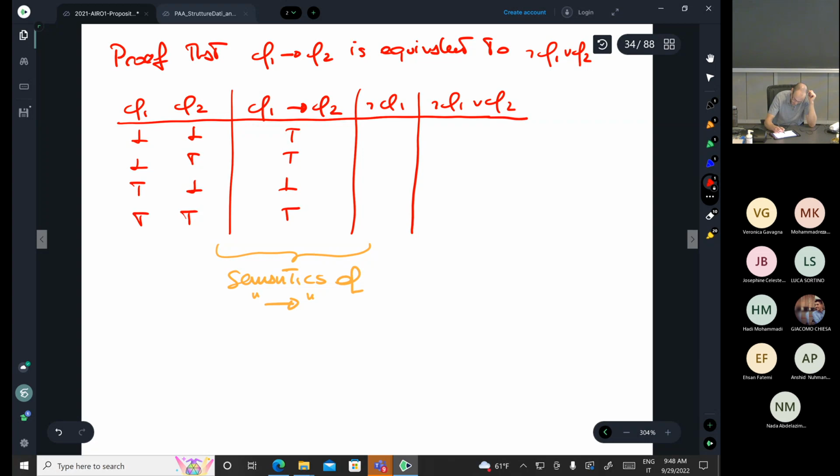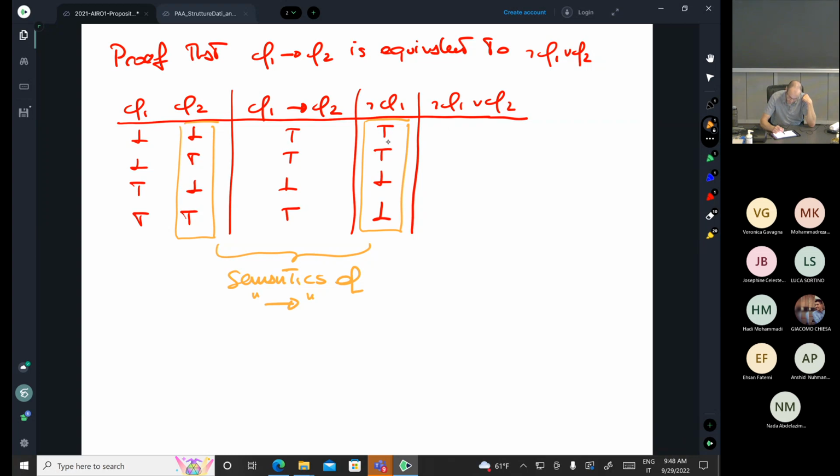Okay, so not phi1 from the semantics of negation is true, true, false, false. And now we consider this one and this one. So here we have that not phi1 is true and phi2 is false.